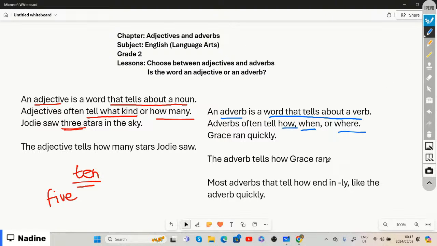All right. So here we see that adverbs often tell us either how, or when, or where, right? An example that we can make is: Grace ran quickly. If we look at that sentence, it says Grace ran quickly.